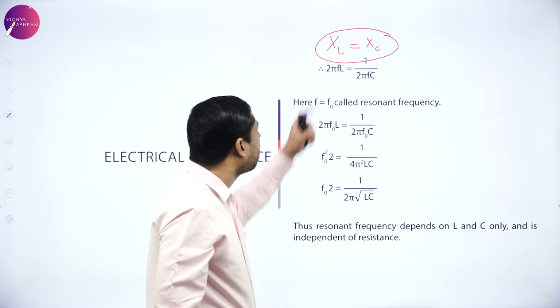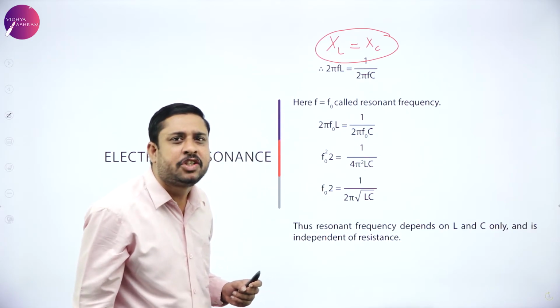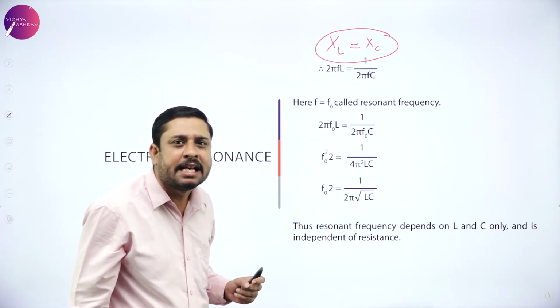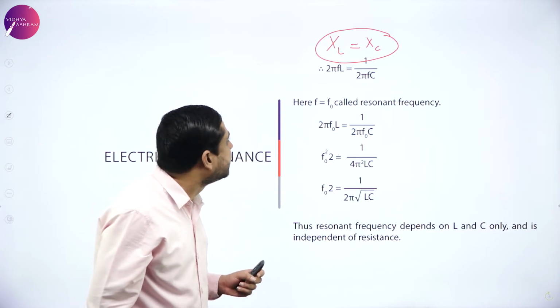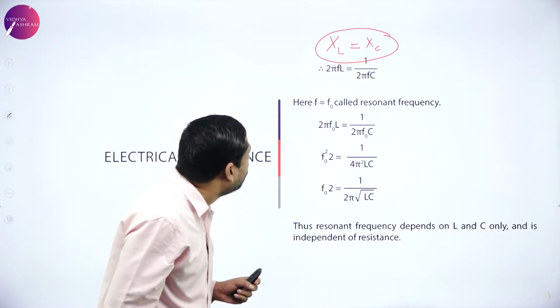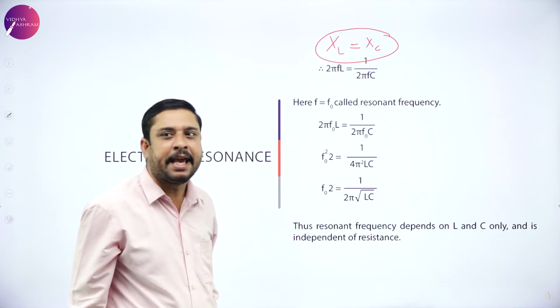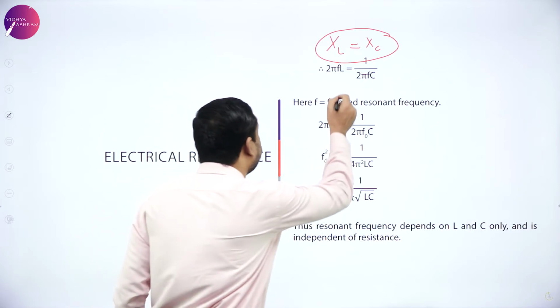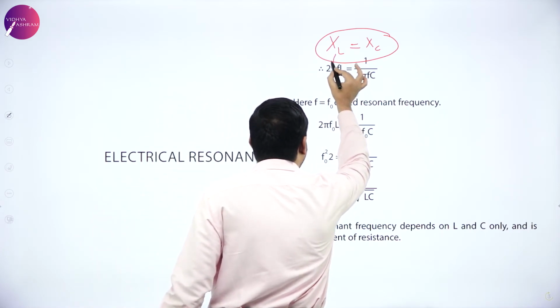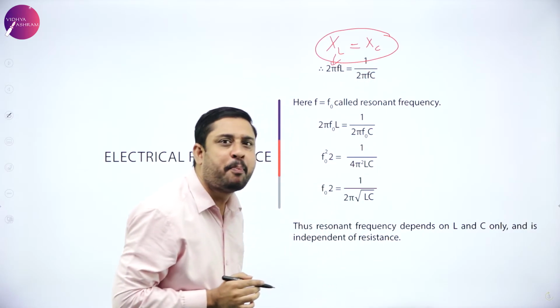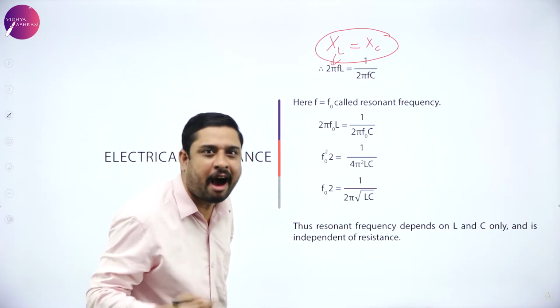This is the classical condition for electrical resonance. XL becomes equal to XC. Now on substituting, what was XL? 2 pi fL, omega L.